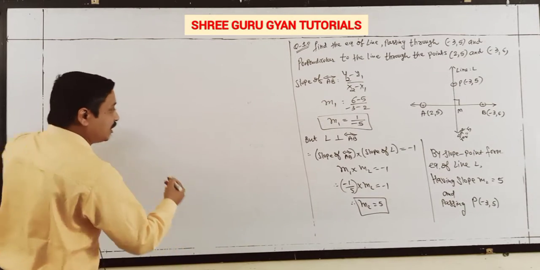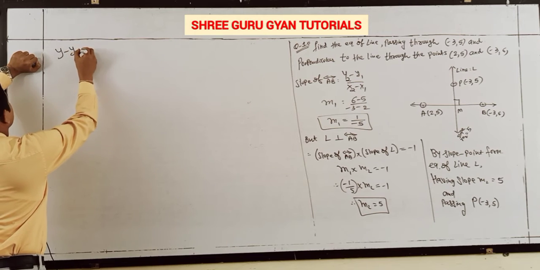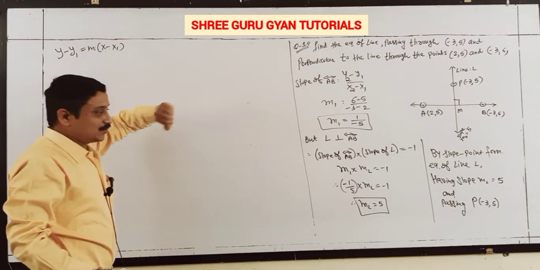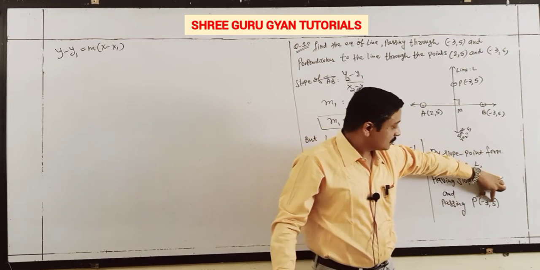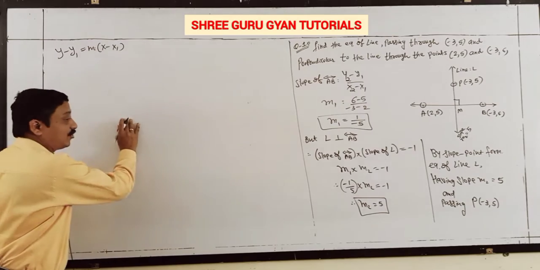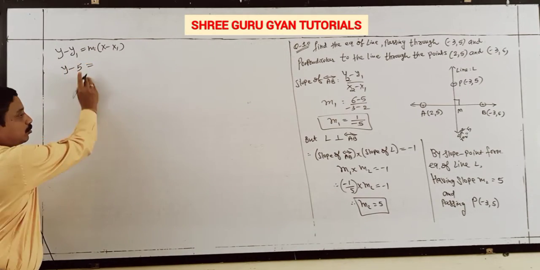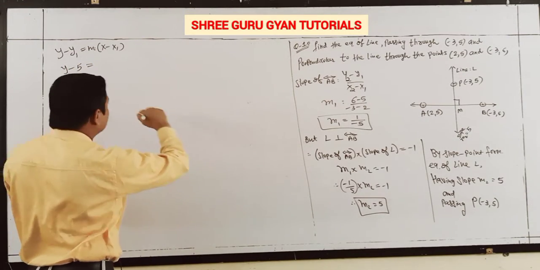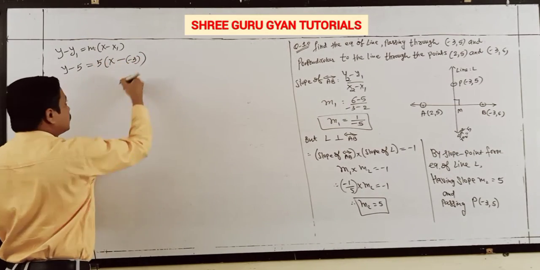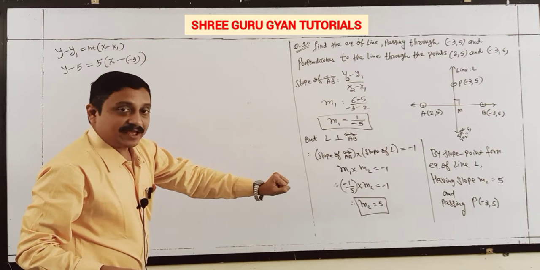The slope-point equation is y minus y1 is equal to m times (x minus x1). Students, (x1, y1) is (-3, 5), so y1 is 5. The slope of line L is m2, 5, and x1 becomes minus 3. So apply minus 3 and 5.